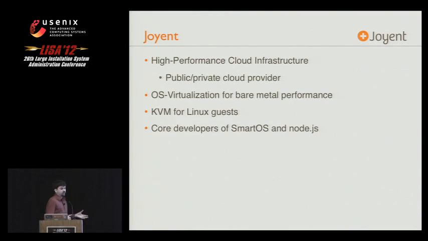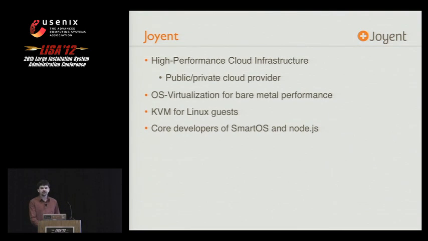Just to mention what Joyent, my company, does, we're a high-performance cloud infrastructure. We do public and private clouds. We have OS virtualization for bare metal performance, which works fantastically well. We do have KVM for Linux guests, and we're the core developers of SmartOS and Node.js.